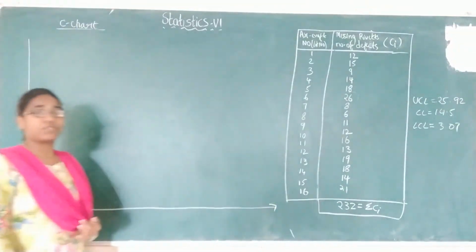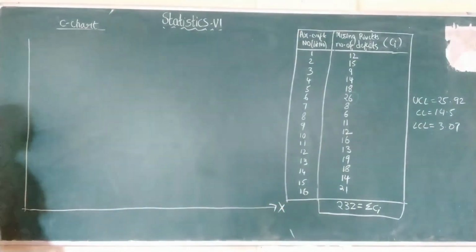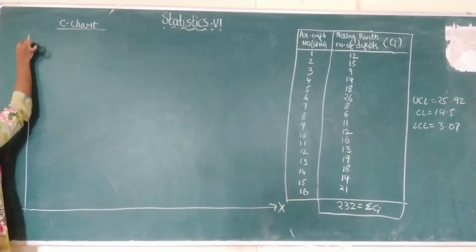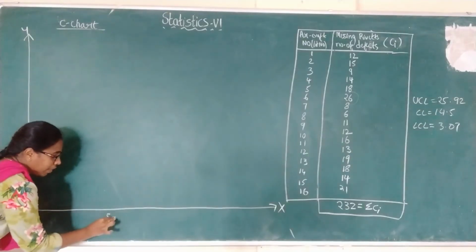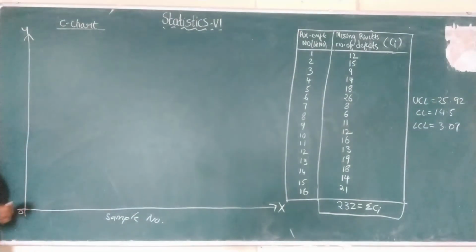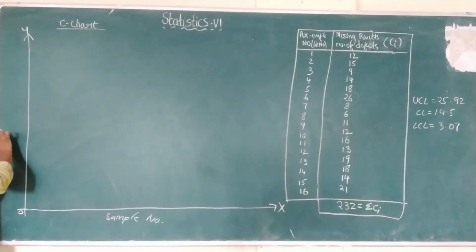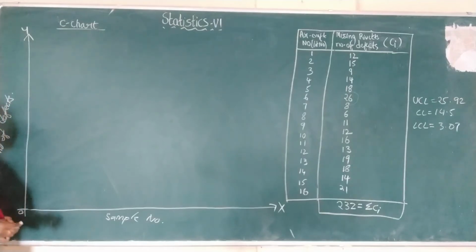We have a total of 16 samples. We have to represent 16 units on the x-axis. On the y-axis you have to get values up to 26. On the x-axis I have to write the sample number. On the y-axis I have to represent the number of defects. So write down all the 16 sample numbers on the x-axis.